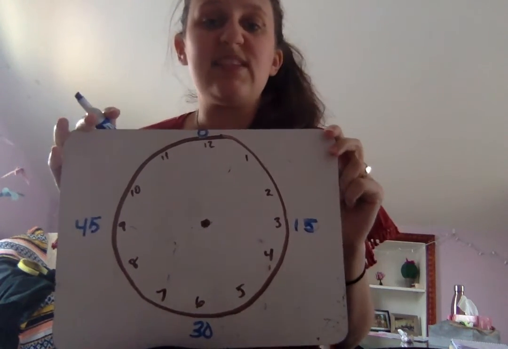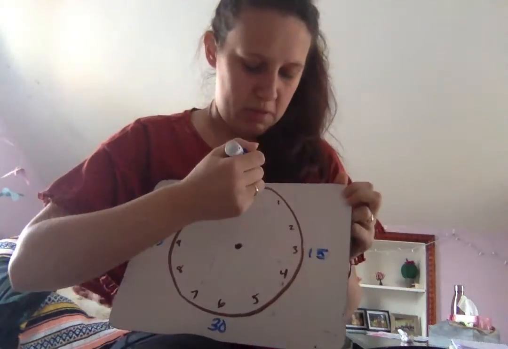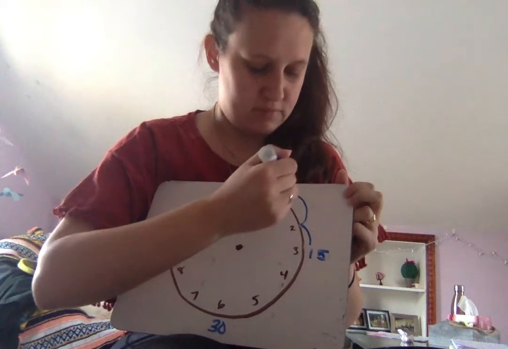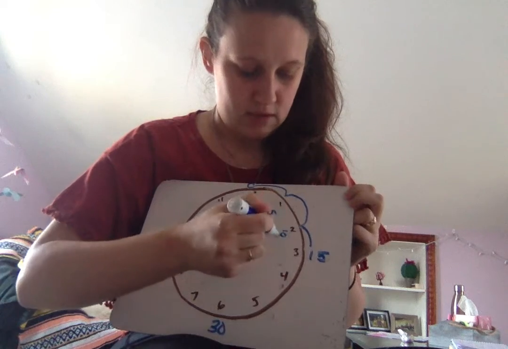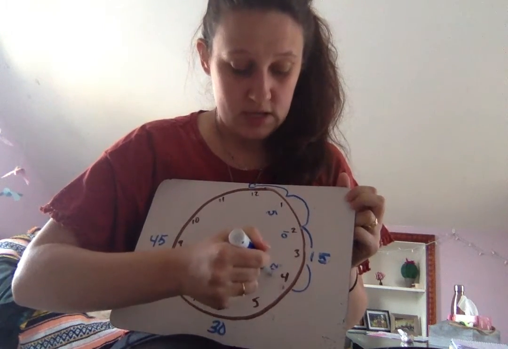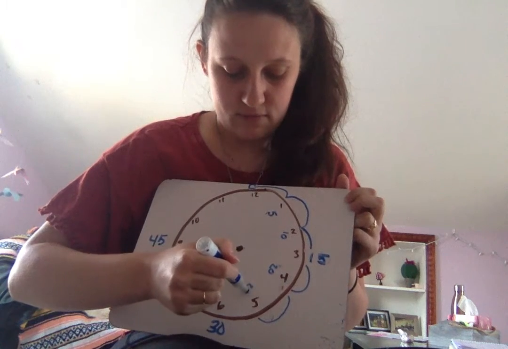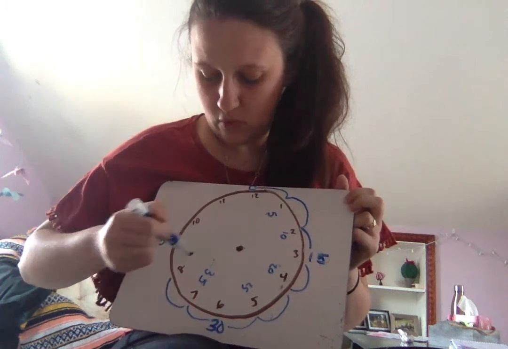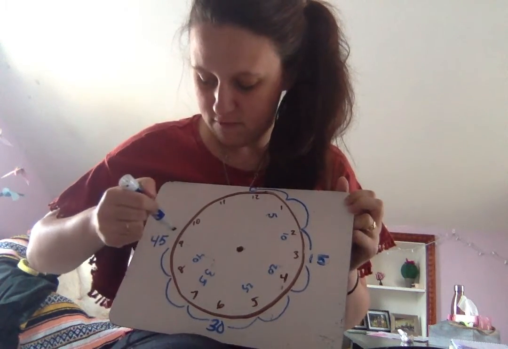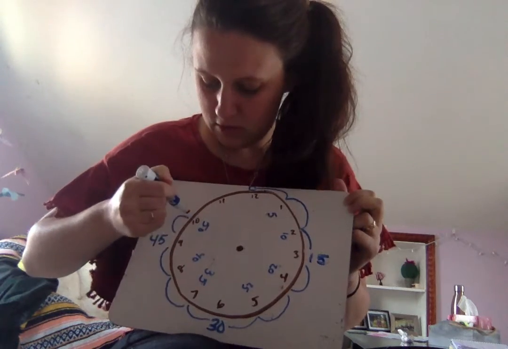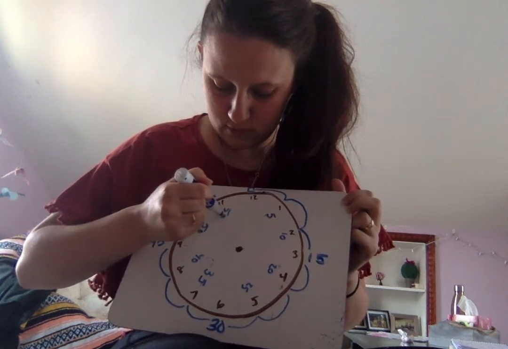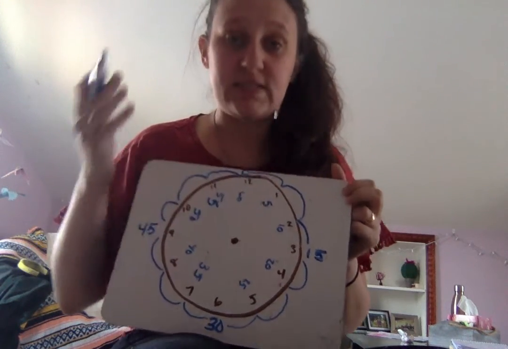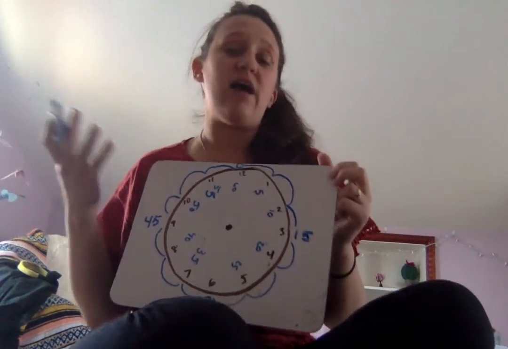From 0 to 15, we have to skip count by 5s. So the minute hand goes 5 minutes, 10 minutes, 15 minutes. So this is 5, 10, 15, 20, 25, 30, 35, 40, 45, 50, 55, that's a 5, and this is 60. 60 is an hour, so we never say it's 5:60 o'clock.